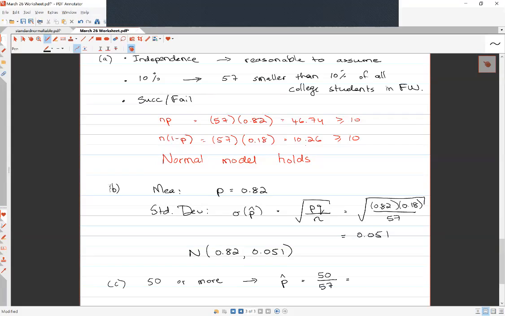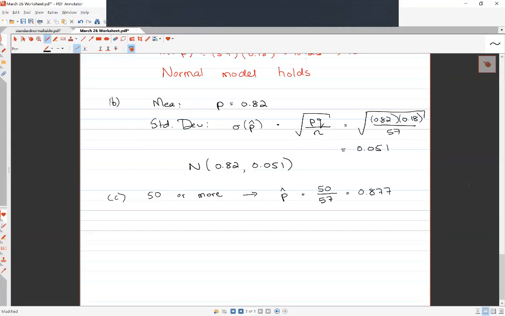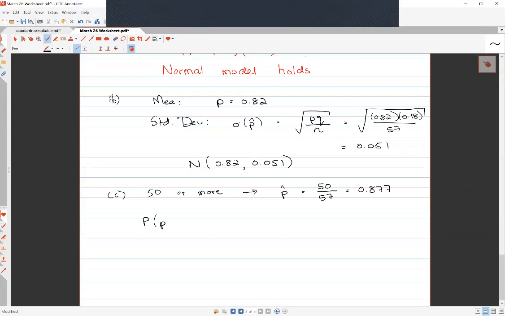And if you do that calculation, that's 0.877 as a proportion. So for 50 or more, I want to calculate the probability that p hat is 0.877 or greater, because the "or more" tells me it's greater than or equal to.